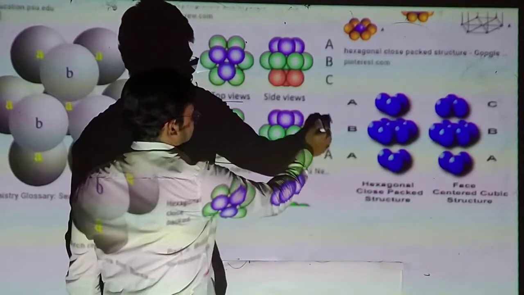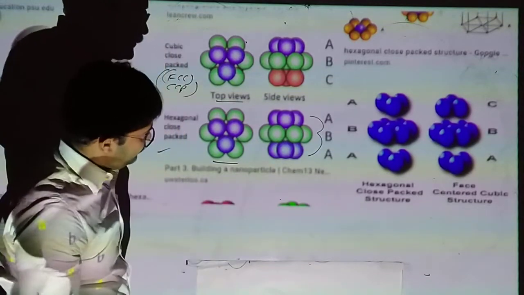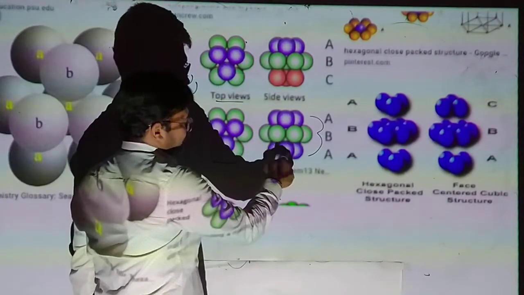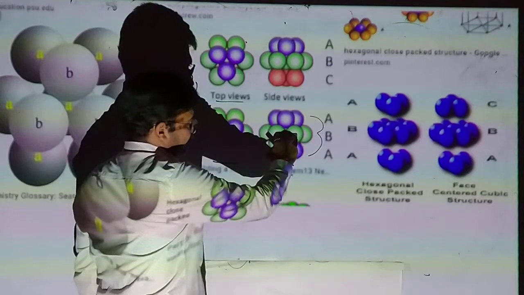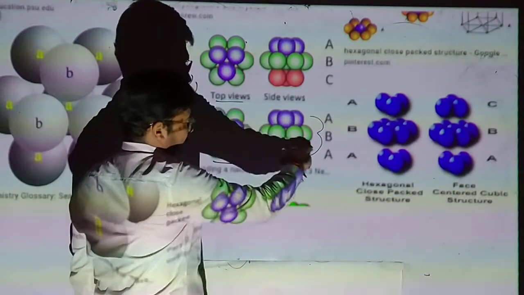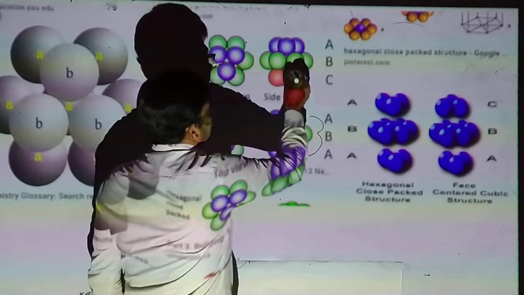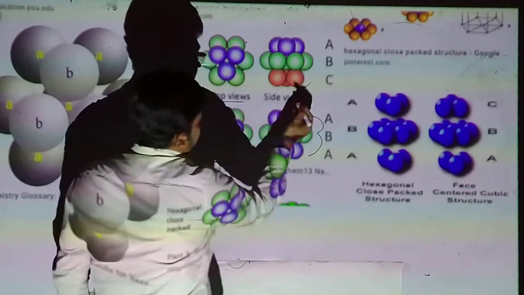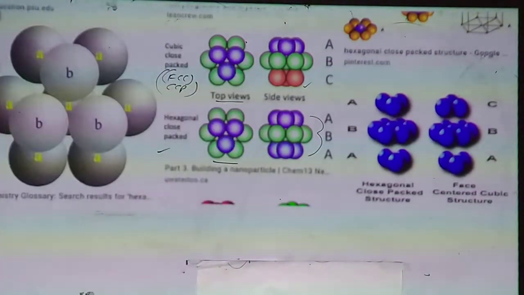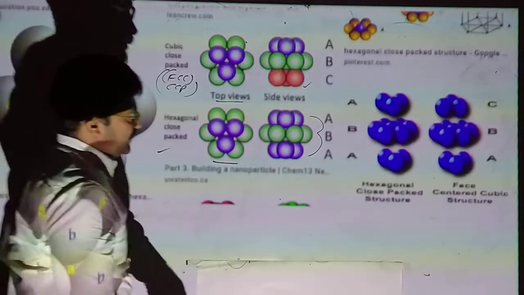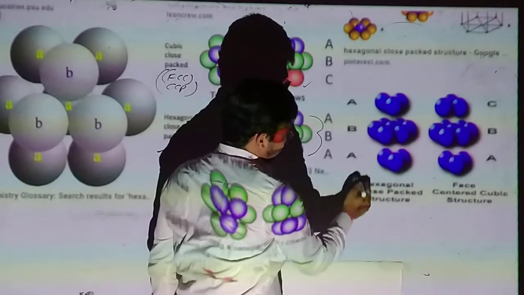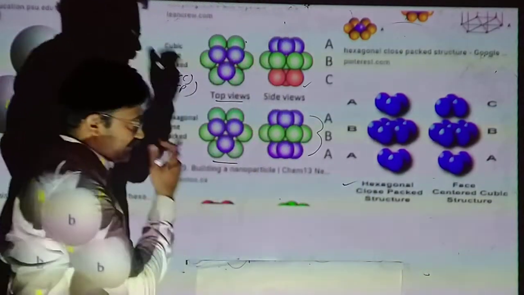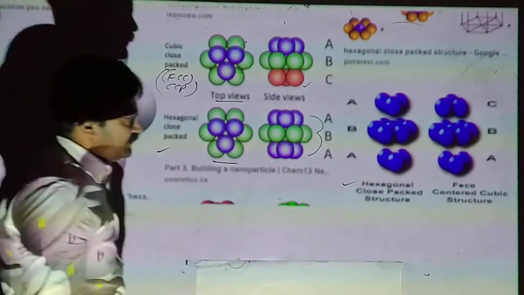Here the third layer is similar to the first layer. A, 1 sphere right, 2 behind. Then 7, 1 right, 2 behind. AB structure. Here A, then B and C. Our layer C is slightly different from layers A and B. Now here you can see AB repeating layers give hexagonal close packing.